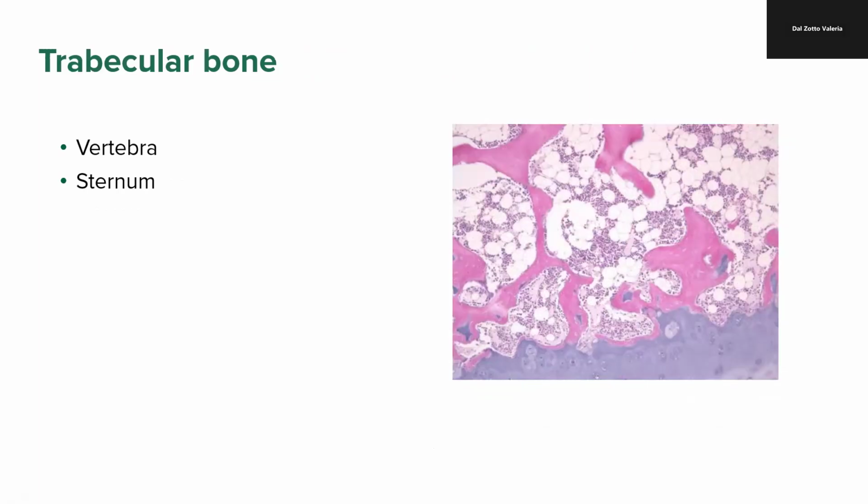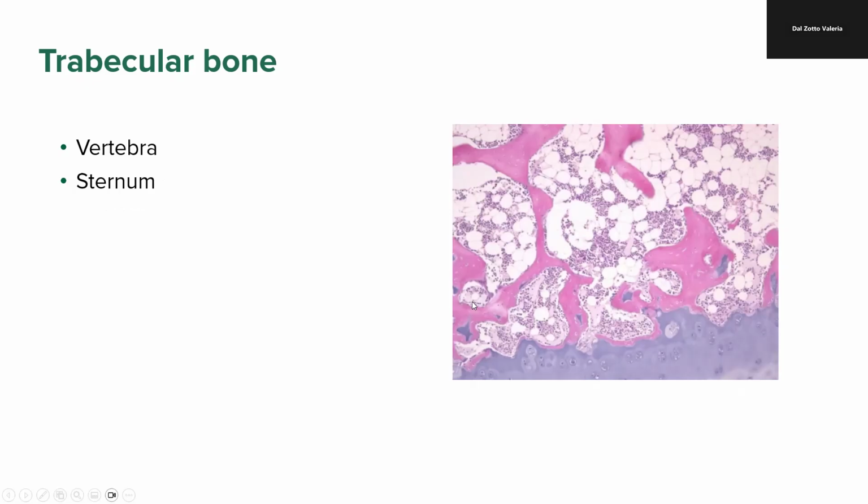On the other hand, if you have a piece of bone that has trabecular bone, it is more spongy, has a much more delicate arrangement, and consists of trabeculae that are thin partitions of bone that make spaces in between those partitions, and those spaces are filled by bone marrow.